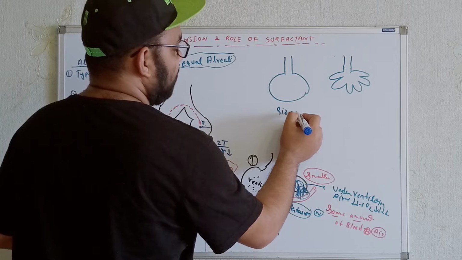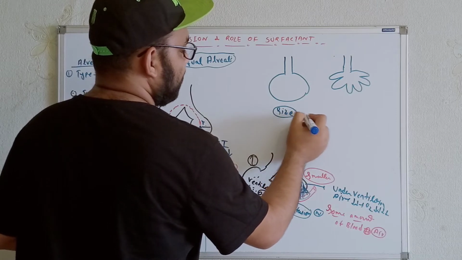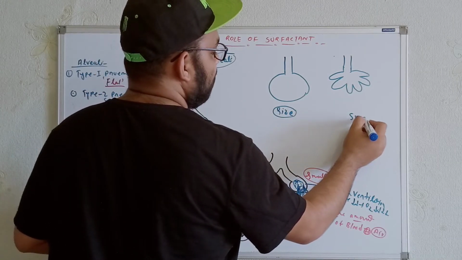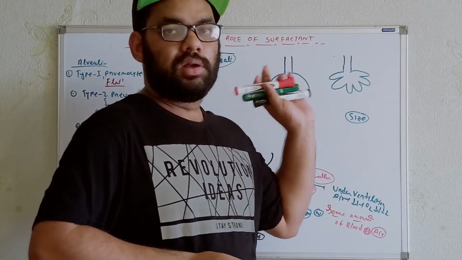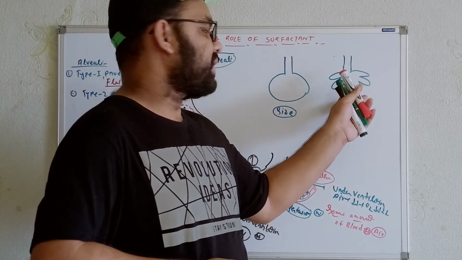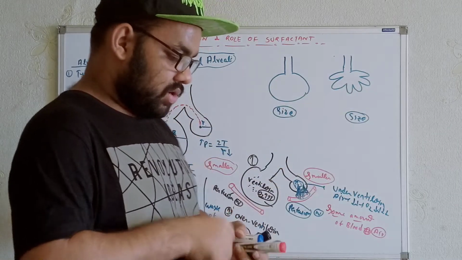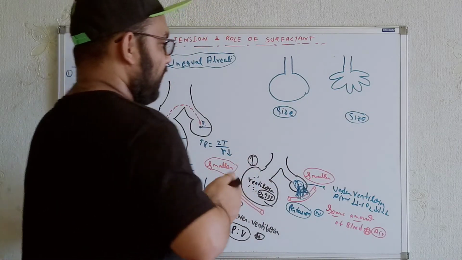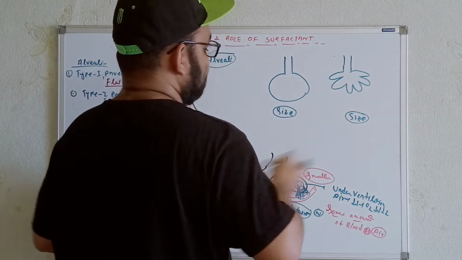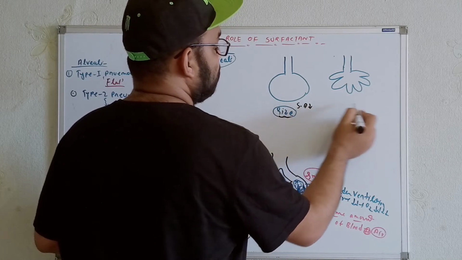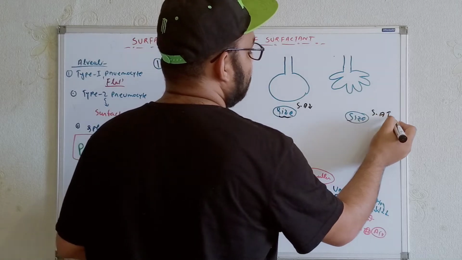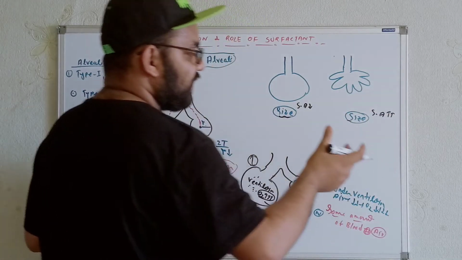Whatever the size is, we will have the same size here also. But try to understand where the surface area will be more. Definitely in these cases, the size may be the same, but the surface area will be less compared to this one. So the surface area here will be more. And if the surface area is more, definitely there will be more what?